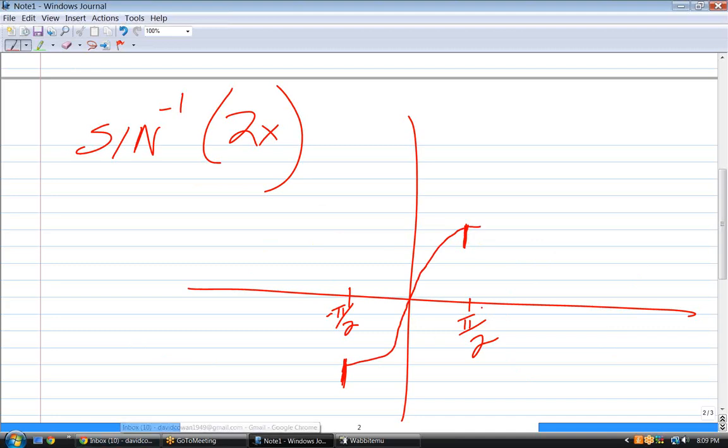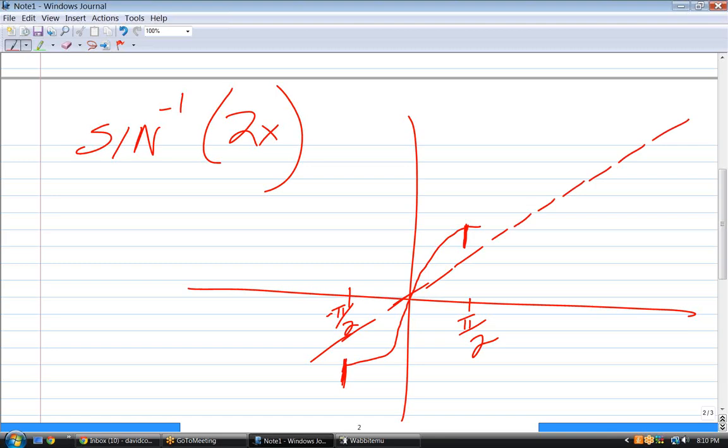now when I draw the inverse of that, notice that this is one-to-one. In other words, this is the original function, sine of x, but only graphed between minus pi over 2 and pi over 2. It passes the vertical and the horizontal line test, which means when I take the inverse of it, it's still going to be a function. To take the inverse of any function, you reflect it over the line y equals x.